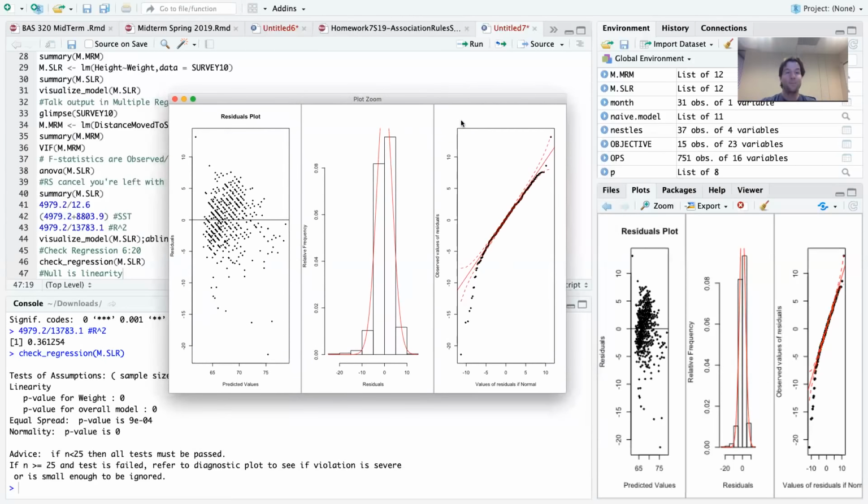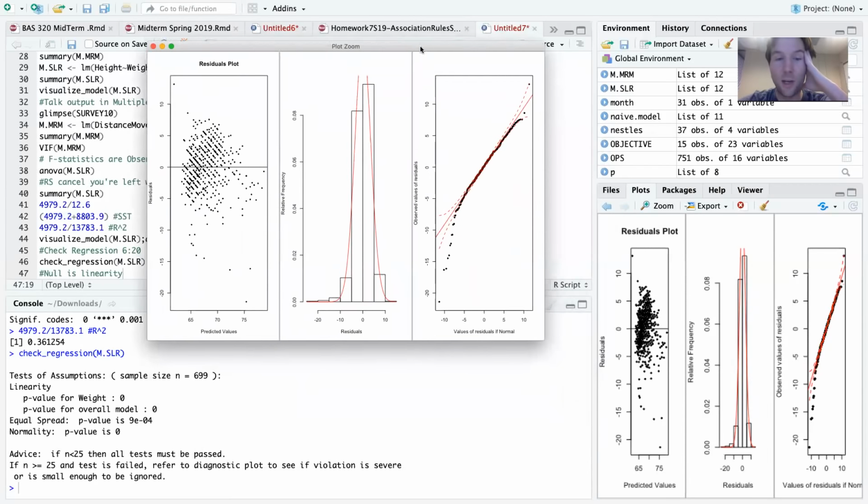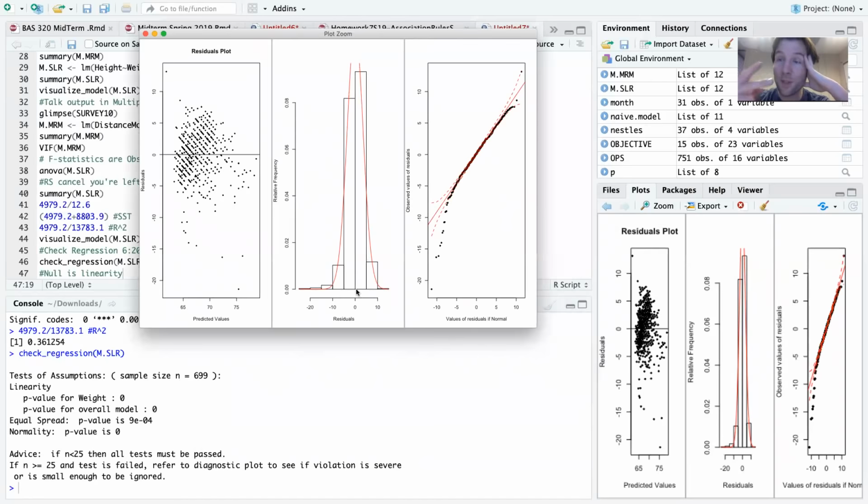So step 1, look to see if the p-values are low, and that's a problem. Step 2, which doesn't say pass or fail here, which means we get to continue, is we look at what? Exactly, if it's a good sample size, we can continue, which means we have enough sample size to actually look at the plots. And people have asked me, why don't you just, we fail the test, we're done? It's because these tests get overly significant, overly powerful.